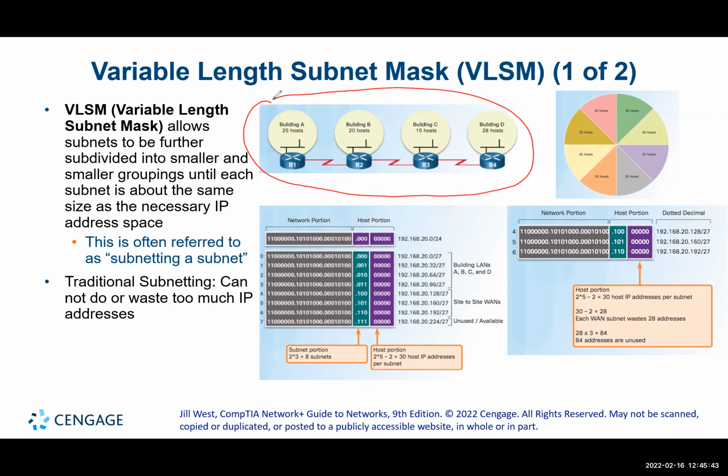So you have 1, 2, 3, 4, and see, each interface of the router is one subnet. So we have 5, you have 6, and you have 7 here. Now, remember, you have the 7 subnets here.